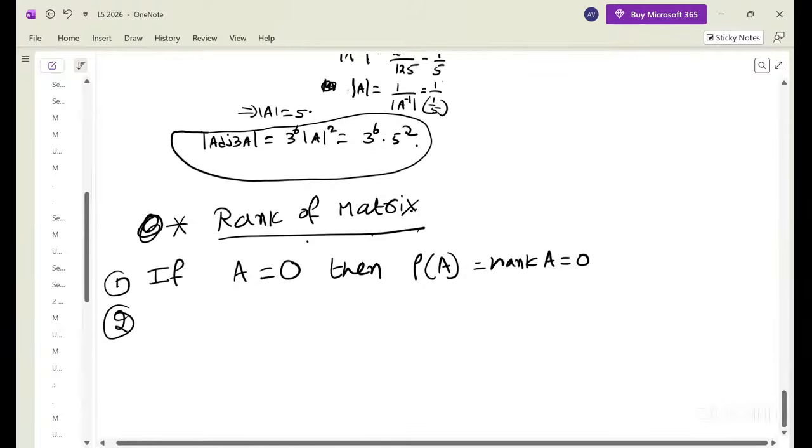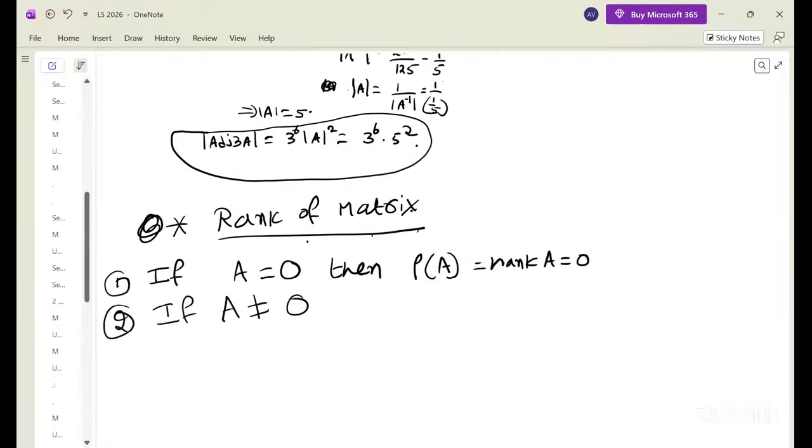If A is a non-zero matrix, that is at least one element is not 0, and the determinant of A, n by n, I am talking about a square matrix, is not 0, then rank of A is equal to the order.